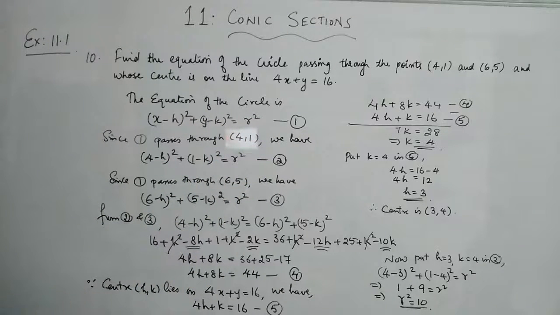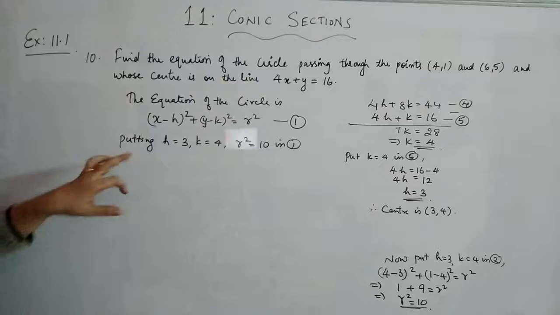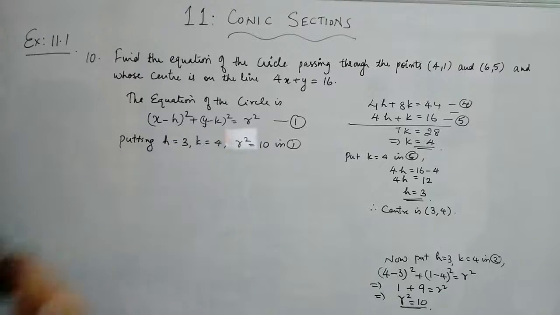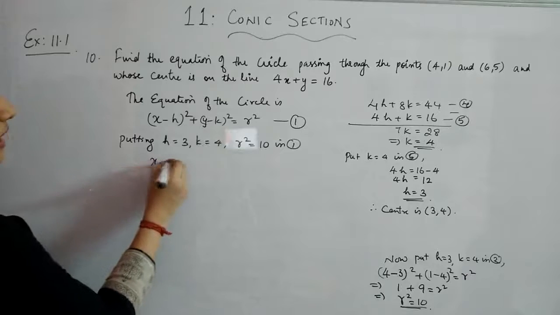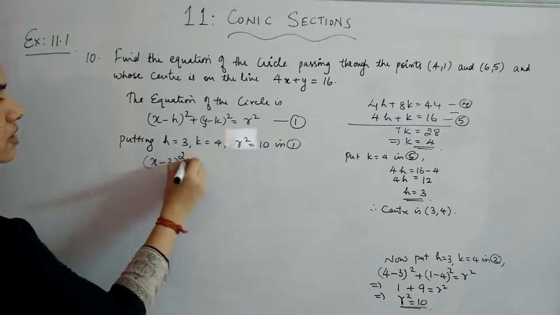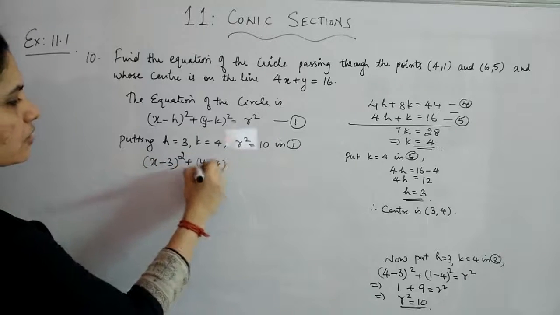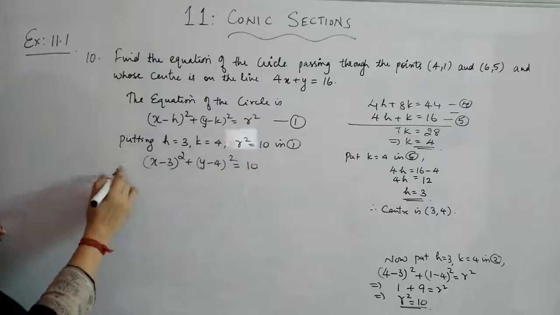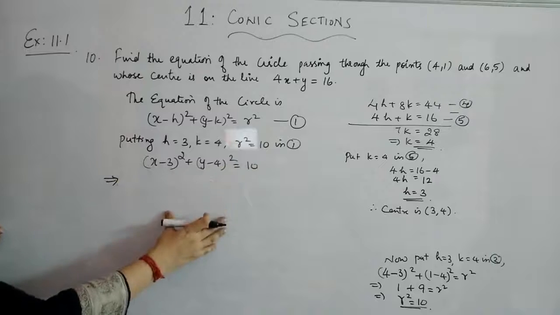Okay, now we will replace these values which we got in the first equation. So putting value of h as 3, k as 4 and r square as 10 in this equation, what you will get? (x minus 3) the whole square plus (y minus 4) the whole square is equal to 10. This is the standard form. Again we will make it in general form, we are just simplifying this.